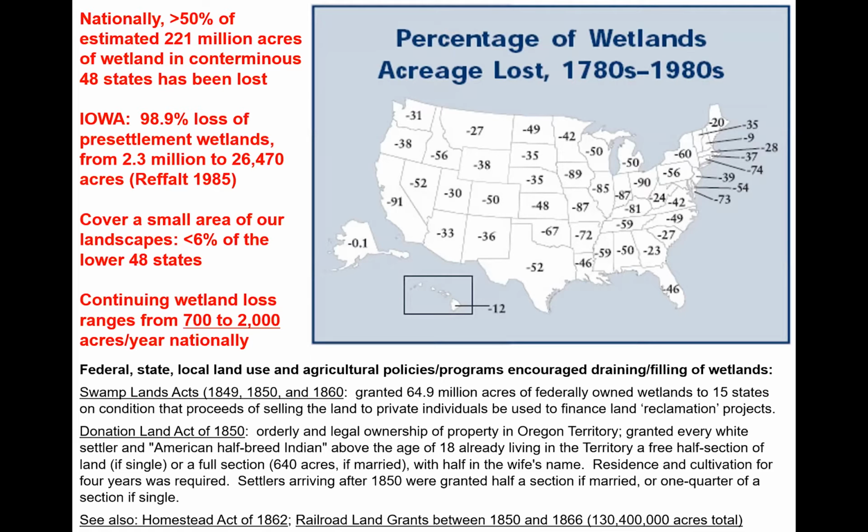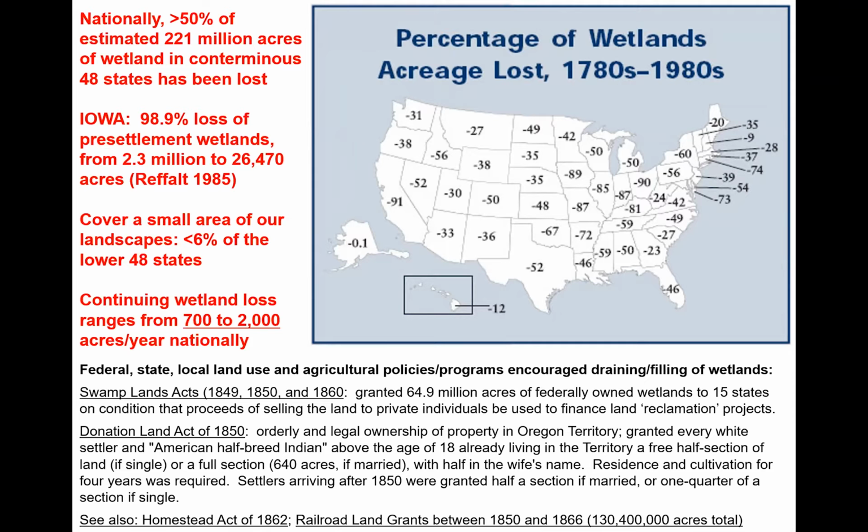Now, you might be thinking that, well, gosh, with all the current regulation, perhaps this loss of wetlands has been stopped. Well, in fact, we have continuing wetland loss in this country. Nobody quite knows exactly how many acres are lost annually in this nation, but it's estimated that between 700 and 2,000 acres of wetland are permanently lost to a variety of activities, mostly human activities.